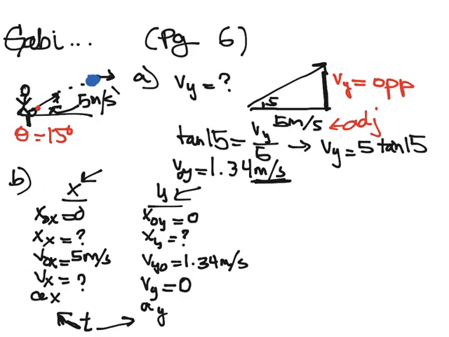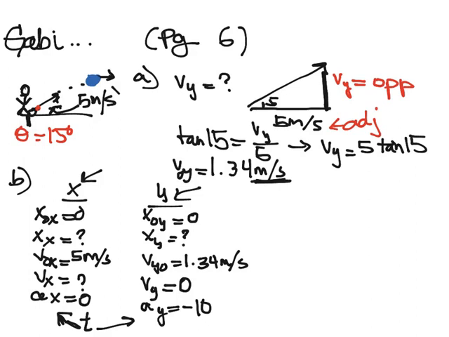In terms of acceleration, it turns out that in the x direction, if something's moving through the air, there's no force on it. And so we say ax is 0, and ay is from gravity, because gravity pulls it down, not to the side, is negative 10.